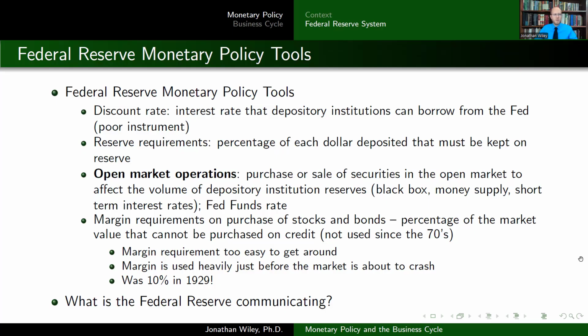Reserve requirements. The reserve requirement is the percentage of each dollar deposited that must be kept on reserve. Normally, what happens when you deposit money in a bank is the bank takes that money and pairs it with a whole bunch of other depositors' money, and then they lend it out to somebody who needs the capital, and the bank then receives interest from whoever they lent it out to.